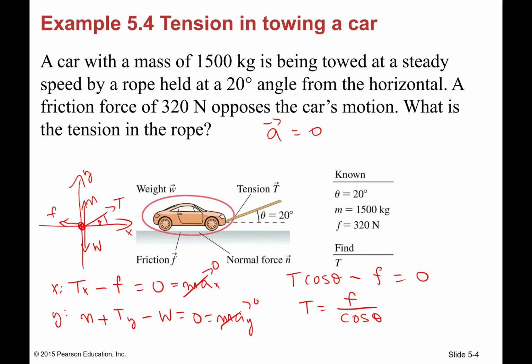Then we do the math: 320 divided by the cosine of 20 degrees is equal to 340 newtons.